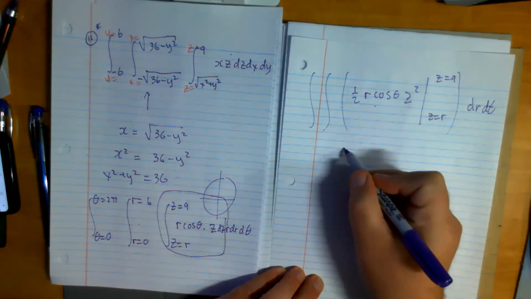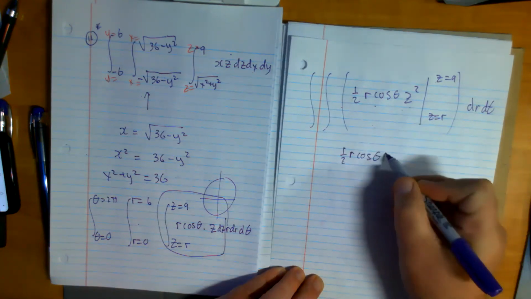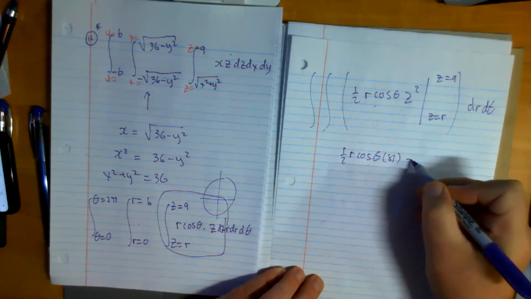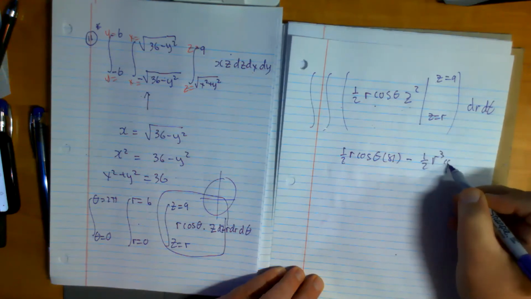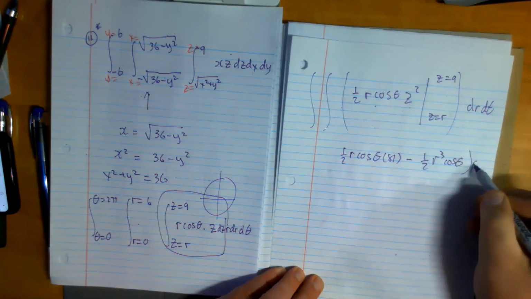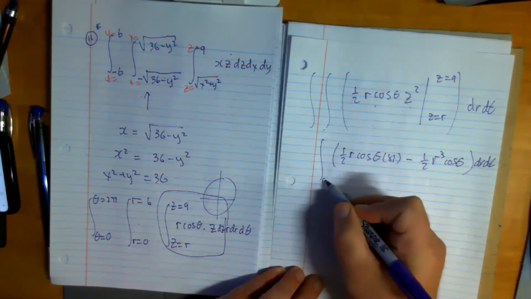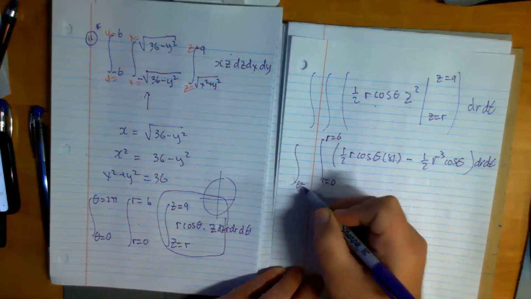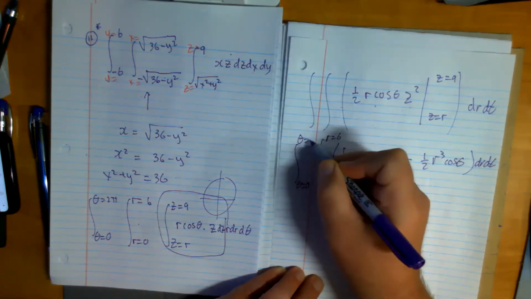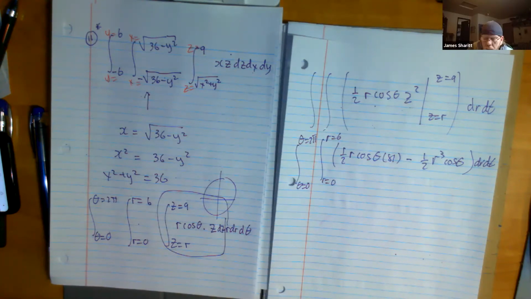So that's going to be 1/2 r cos theta times 81, take away 1/2 r cubed cos theta, dr d theta. And the r is going to go from 0 to 6, and the theta is going to go from 0 to 2 pi. Are we good so far?